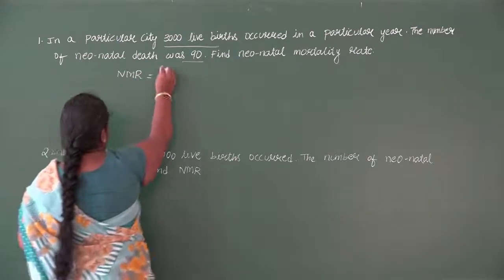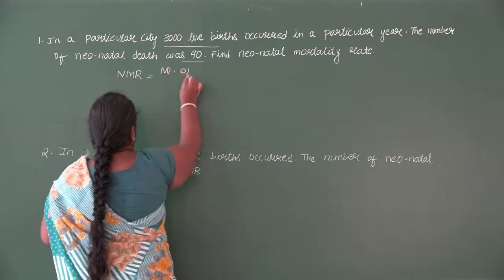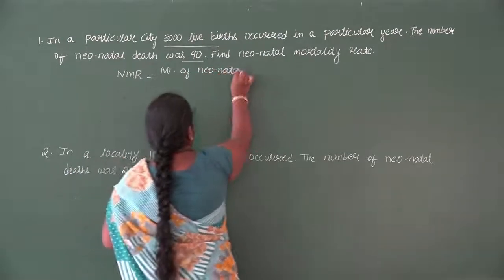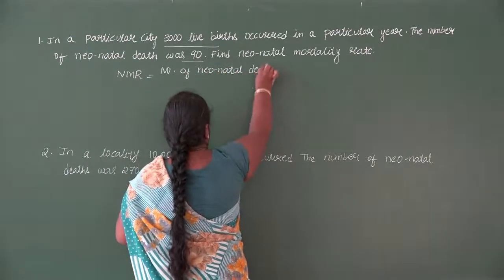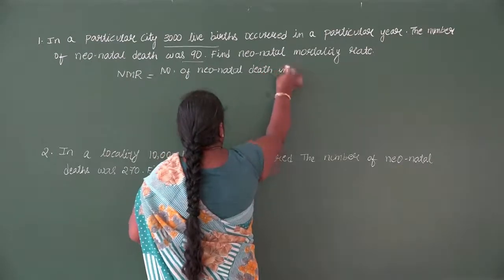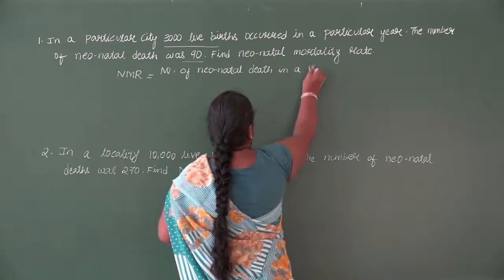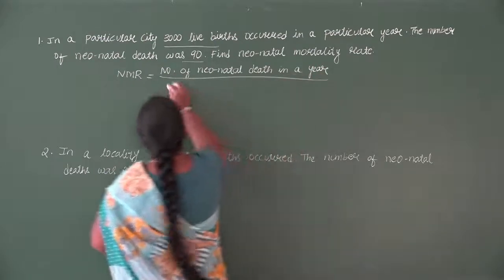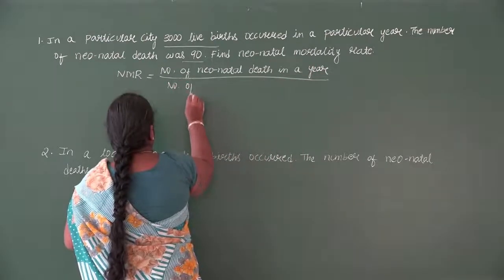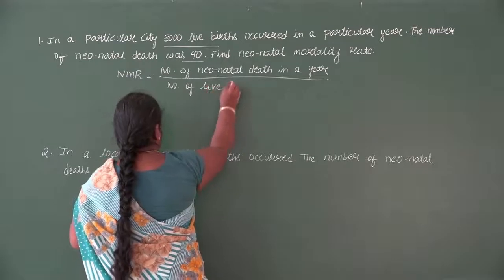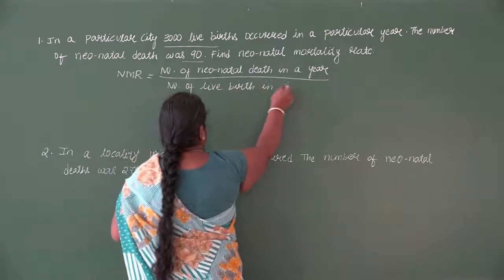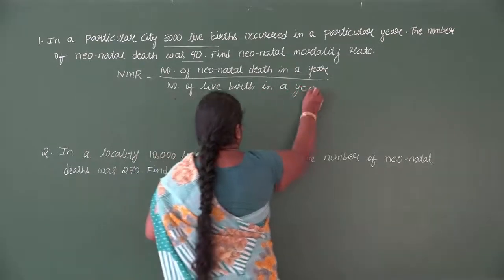So what is the formula? It is number of neonatal deaths in a year divided by number of live births in a year into 1000.